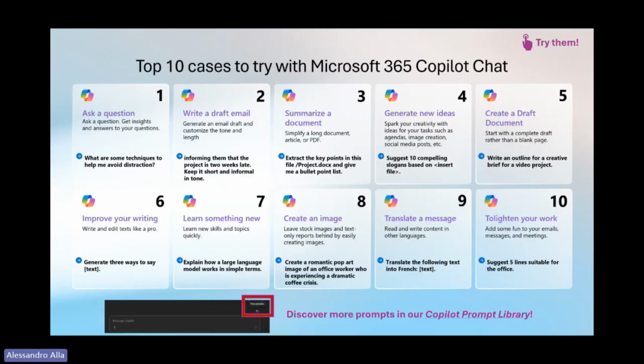So this is something Copilot can provide to you, but it's also important to understand that if you are talking with Copilot, maybe to create content, and you want to add a related image to this content, you can ask Copilot to use the context to create an image related to the topic of the chat you are having with Copilot.